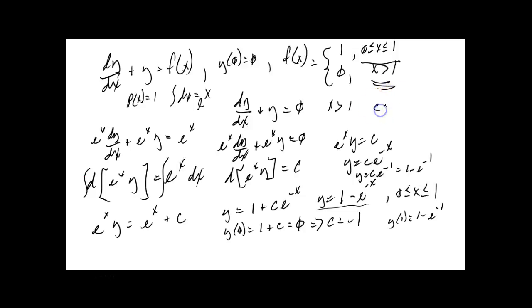So you have c is equal to e to the 1 minus 1. Okay, so that's our c. So plug that back in. Y is equal to e to the 1 minus 1 times e to the minus 1.